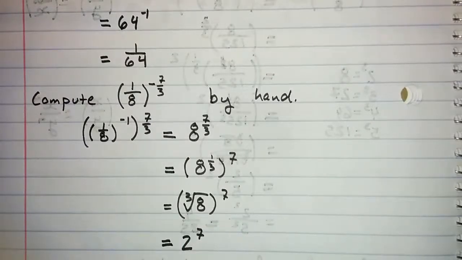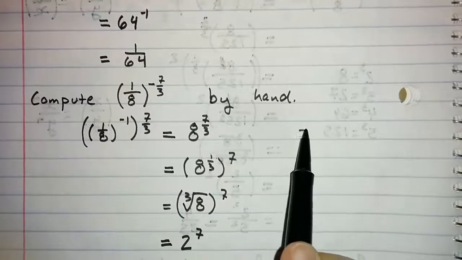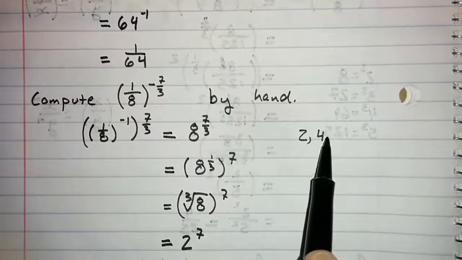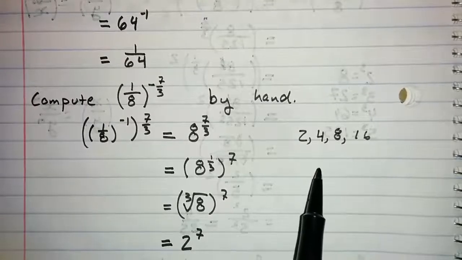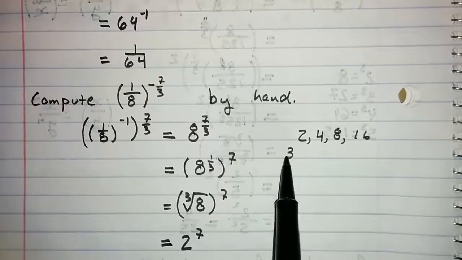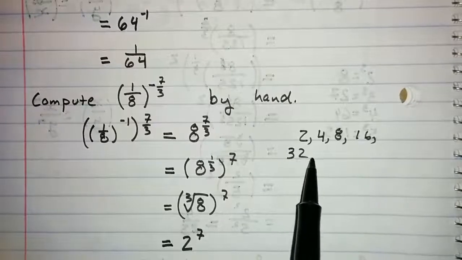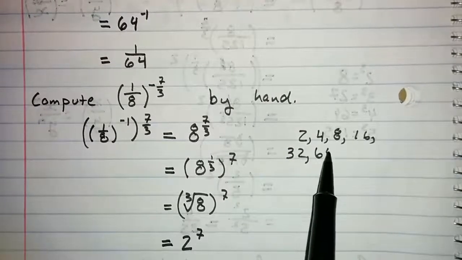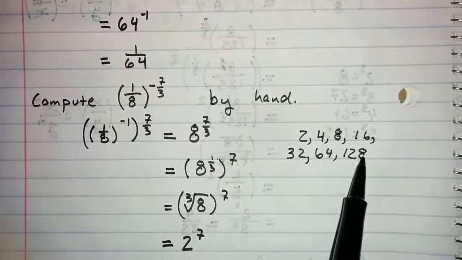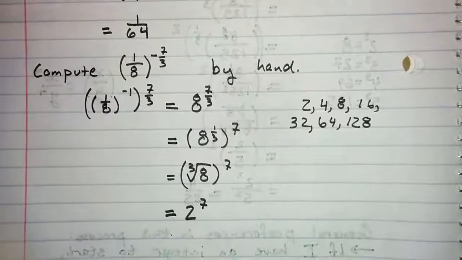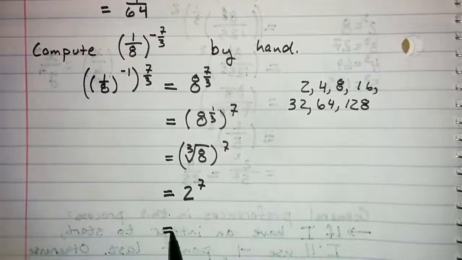All right. 2 times 2 is 4, times 2 is 8, times 2 is 16, times 2 is 32, that's the 5th, times 2 is 64, times 2 is 128. So this works out to, in the end, 128.